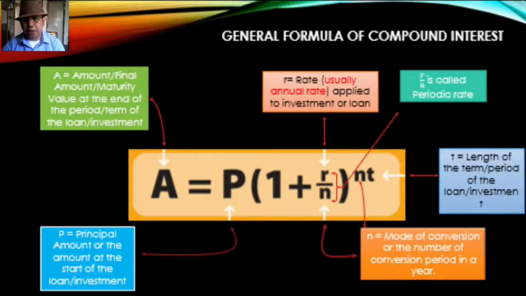You might be saying, what about the equation we discussed in the series number 2? You will notice that the working equation we discussed in the series number 2 is A is equal to P multiplied by the quantity 1 plus r raised to t.